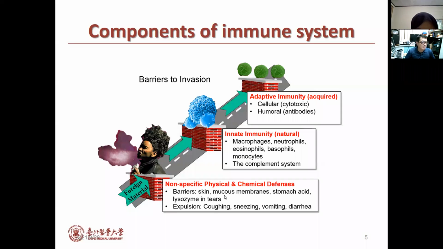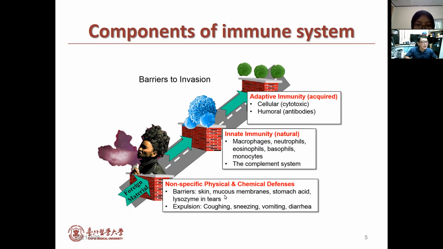And also stomach acid, or lysozyme in our tears. Those things can protect us against microorganisms or pathogens setting up a route to get infection into our skin or into our cells. That's the first defense system, the barrier.